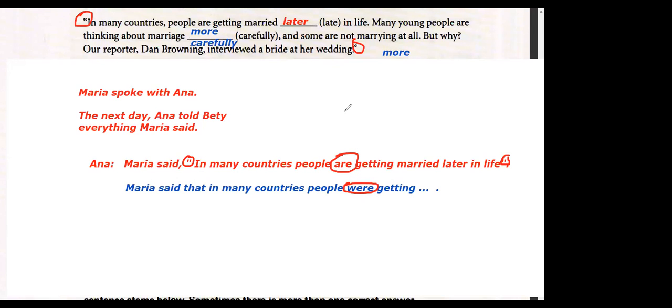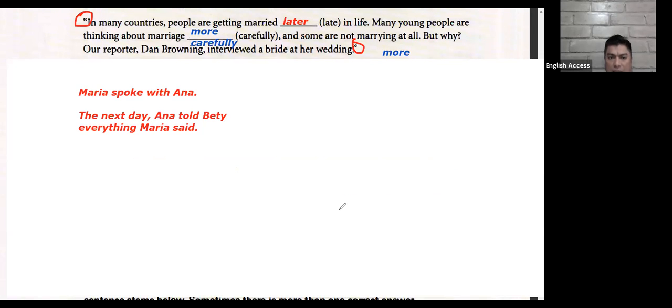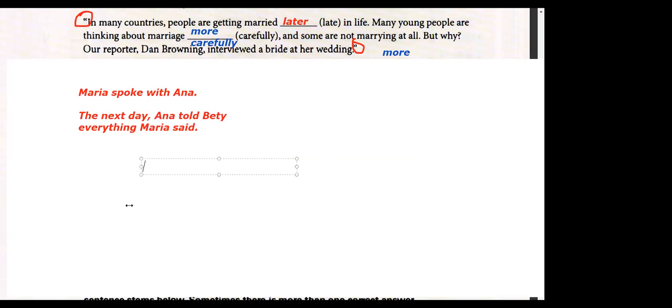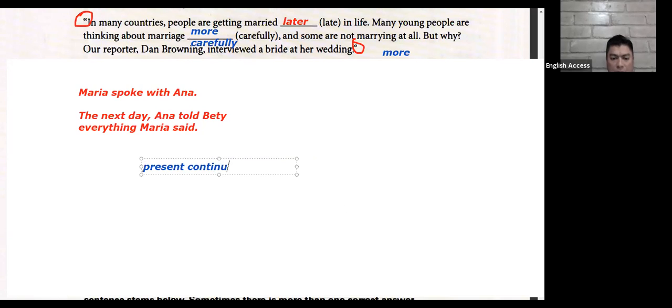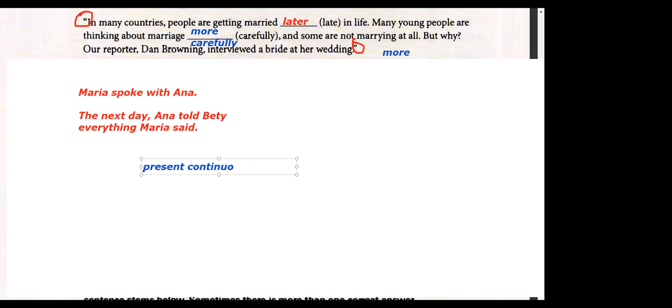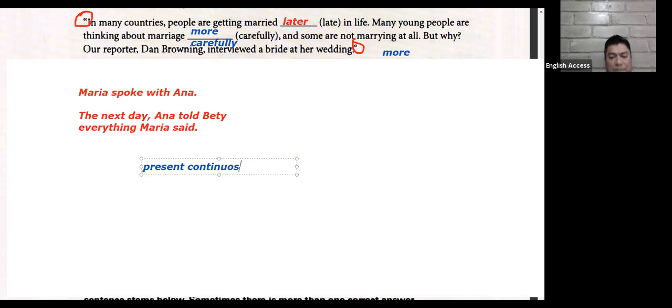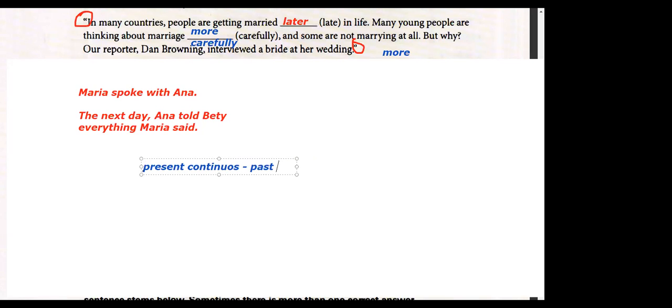And when we talk about present tense, for example, if the saying was in simple present, it goes directly to simple past. If you have present continuous, that is for past continuous. Simple present goes to simple past, and then present continuous to past continuous.